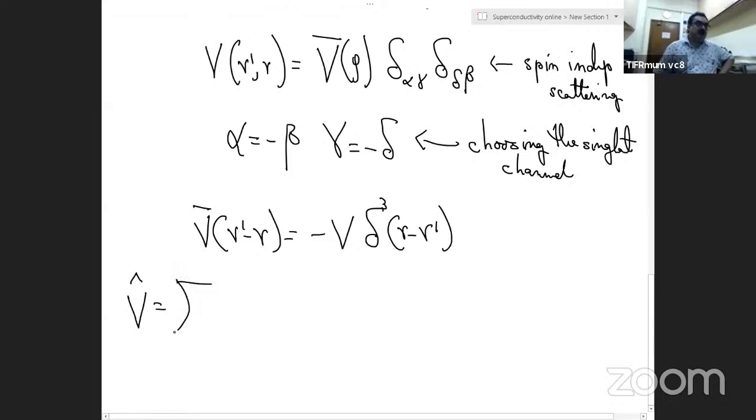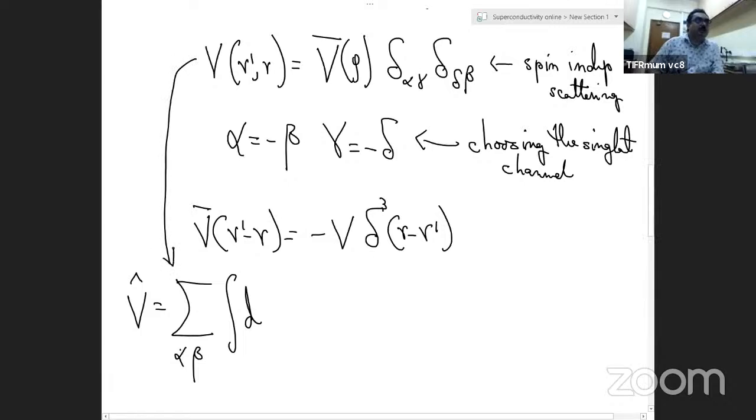So I had this sum over four spin indices that reduces to two spin indices because of these conditions that I am imposing. So this reduction is because of this. This is what I am using first. In this step, I am using this, and in the next step I will use alpha equals minus beta, which will further reduce it.